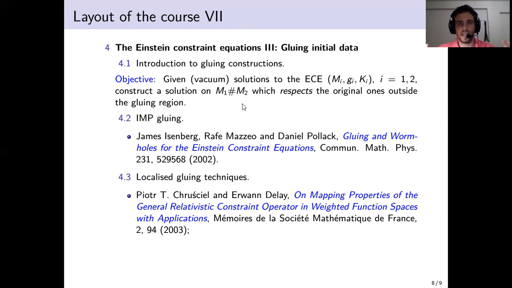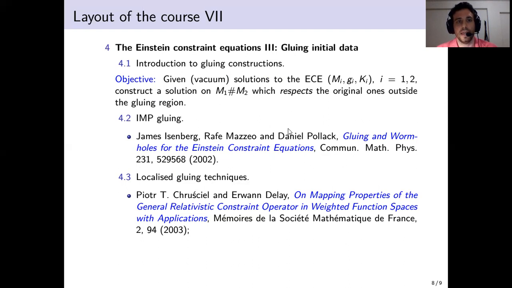We should picture this as either having two disconnected solutions and we want to join them with a neck, or maybe having just one solution and taking 2 points and we want to join neighborhoods of those points with a handle.